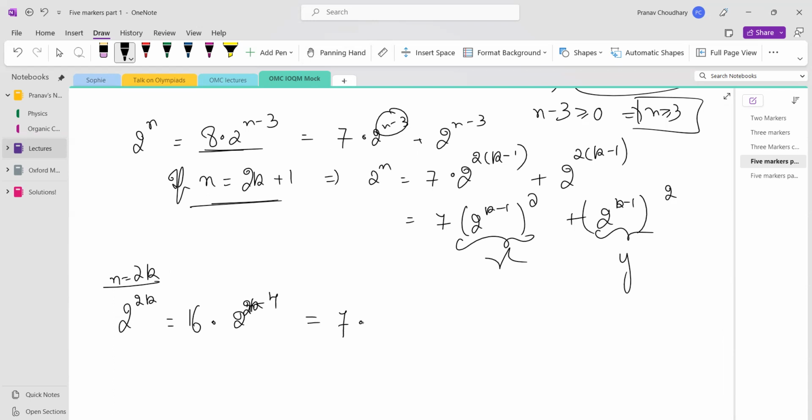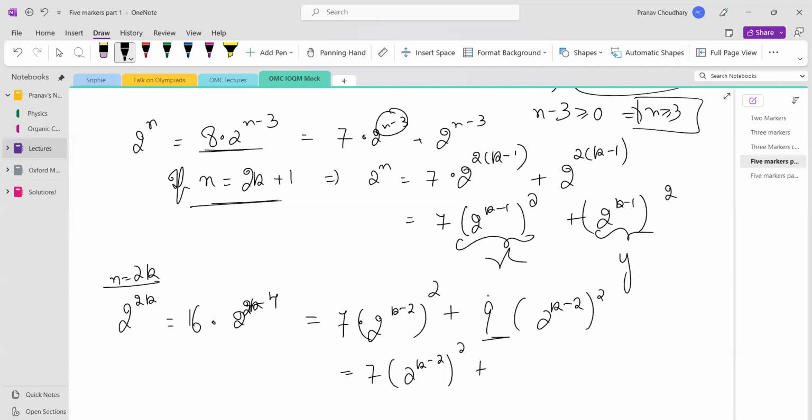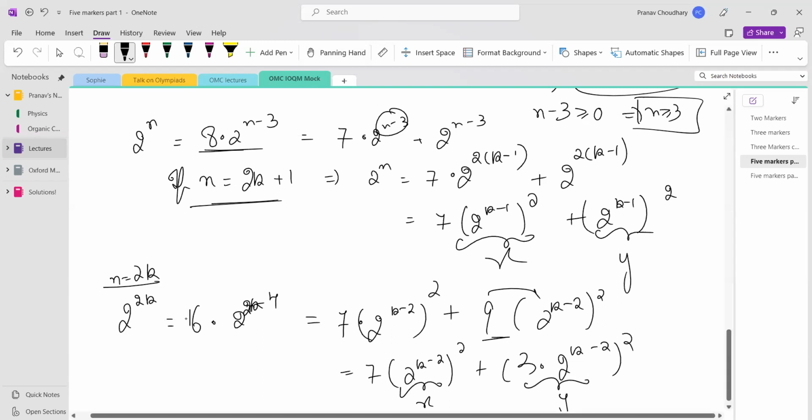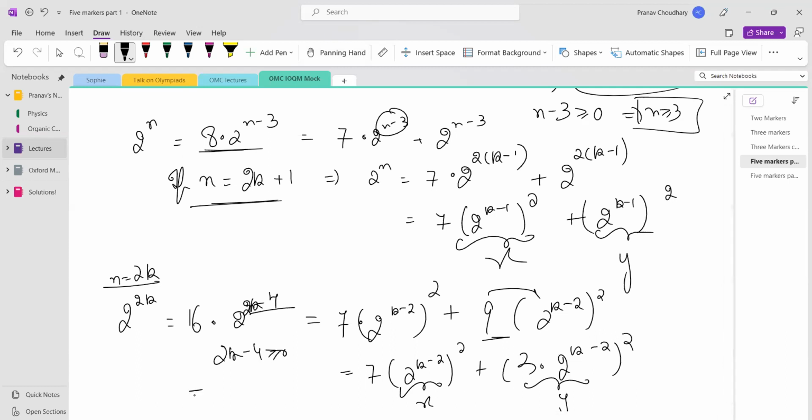Then I can write this as 7 times (2 to the power k minus 2) squared plus 9 times (2 to the power k minus 2) squared. I can take this inside, so it is 3 times 2 to the power k minus 2, whole squared. Now this can be my x and this can be my y. So this is a possible solution. But for this case, 2k minus 4 must be greater than or equal to 0, which implies k must be at least 2, which implies n must be greater than or equal to 4.